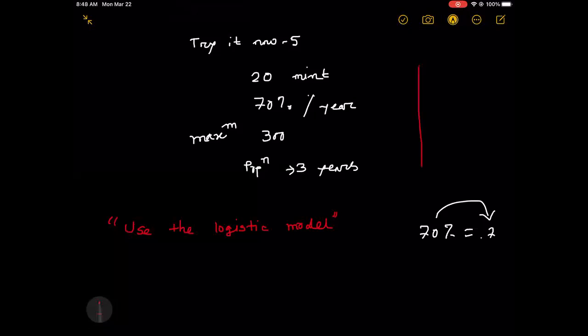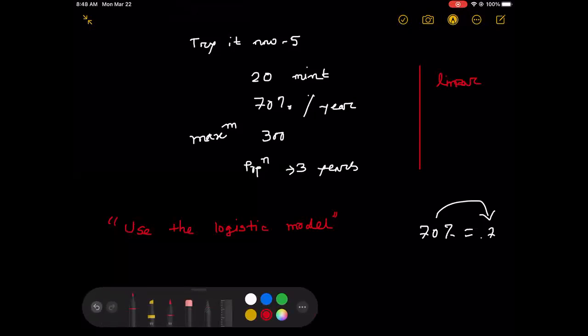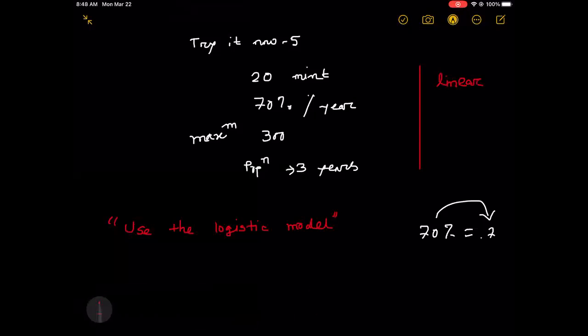We actually know 3 models: starting from linear, then exponential, and then logistic. If it was not written, let's say the question just asked to find or predict the population in the next 3 years, then your first job would have been to see which model fits the data.